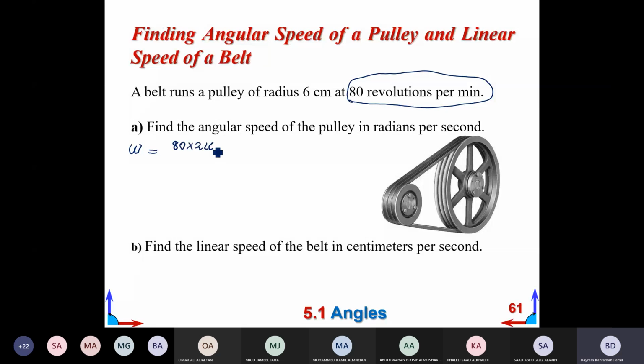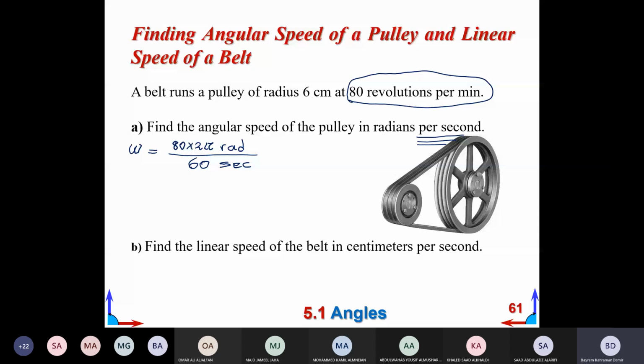This is this much radian per second, they say. Well, this is per minute. So per minute means 60 seconds, right, Shabab? The question is saying find it in per second, so I need to change minute to second.